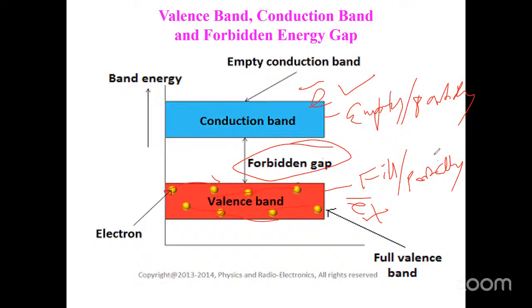By absorbing such energy, these valence electrons may enter from the valence band into the conduction band across the forbidden energy gap. Whenever a valence electron enters the conduction band across the forbidden energy gap, that electron you can call a free electron. Okay, that is the case.